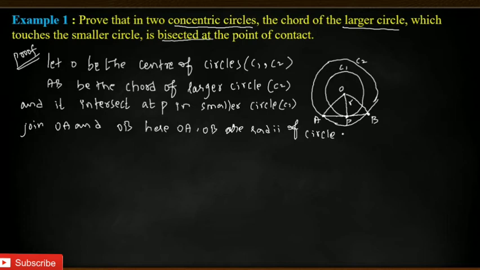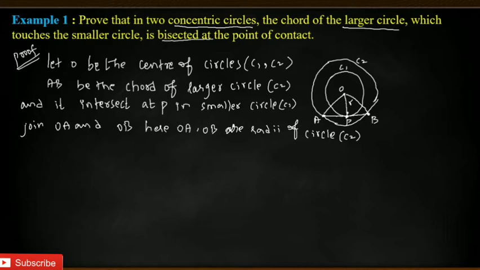That is a radius of circle 2. Understand, children? And OP is a small radius, the smaller circle's radius. Now here we got two triangles, OPA and OPB.